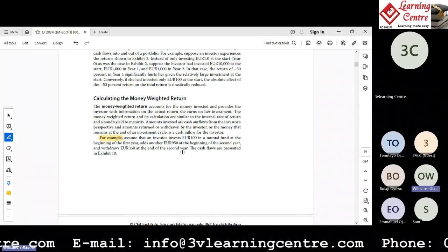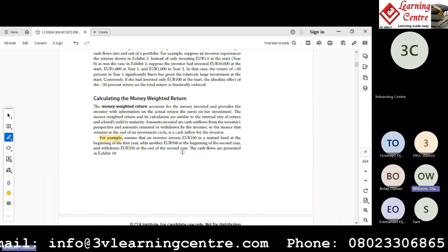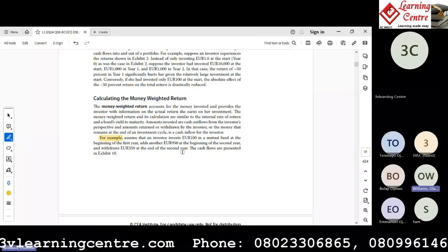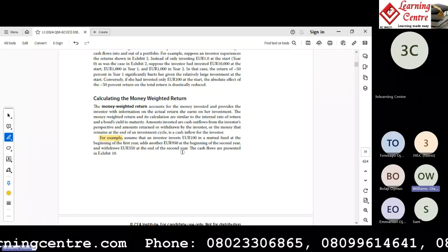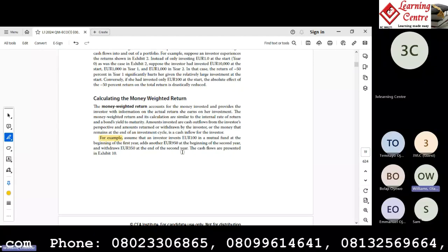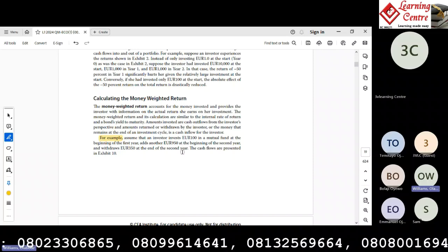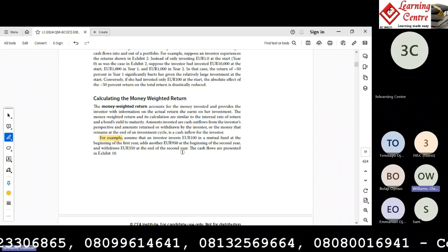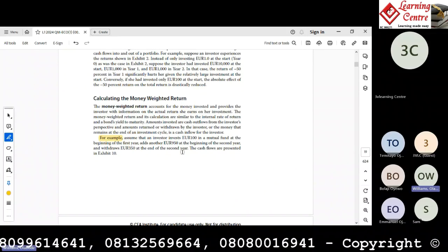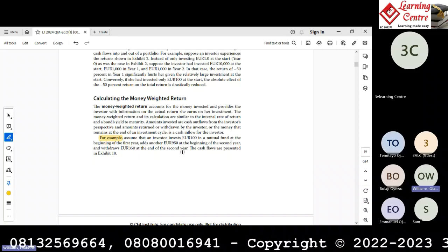Any cash flow that happens at the beginning of the period is treated as a last period cash flow. If I get it at the end of the period, then it is treated as that period's cash flow.